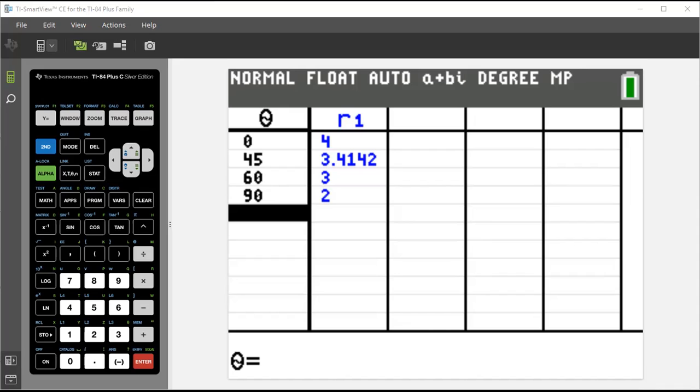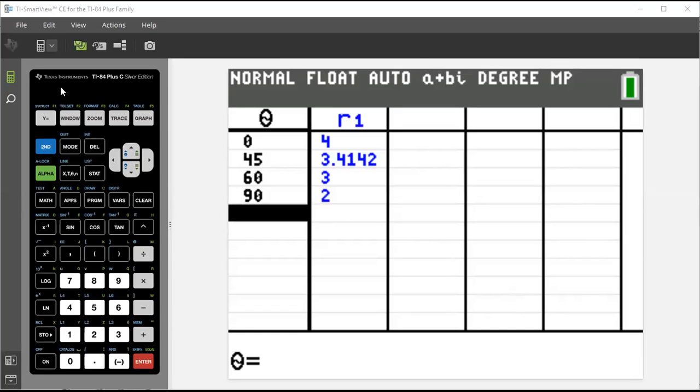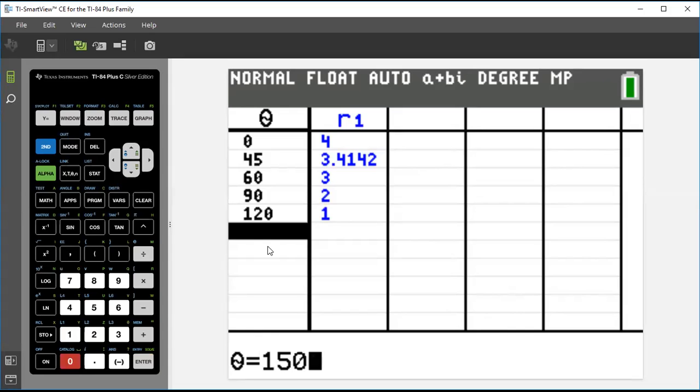Okay, bear with us a second. Trying to go back and forth here. Okay, so now I'm going to do 120. Followed by next one is going to be 150, I think I went. Next, 180.